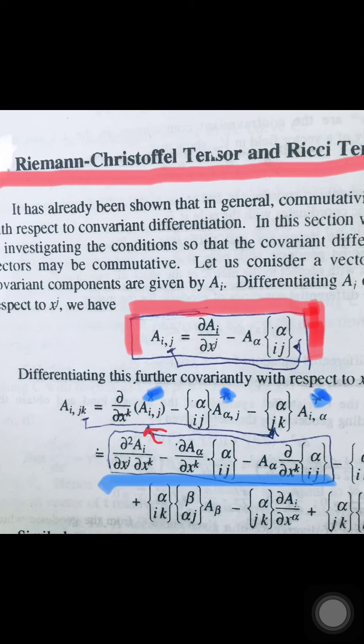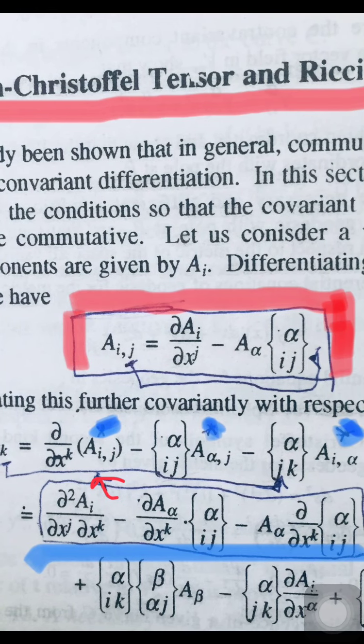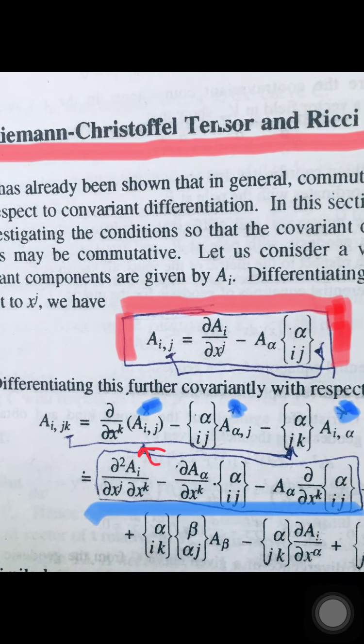When we have one index in equation 1, j, we have one extra term. Here we have two indices after the comma, that is j and k. So we have two extra terms here, alpha ij A alpha comma j minus alpha ik Ai comma alpha. These are two extra terms because we have two indices, or two times covariant differentiation.